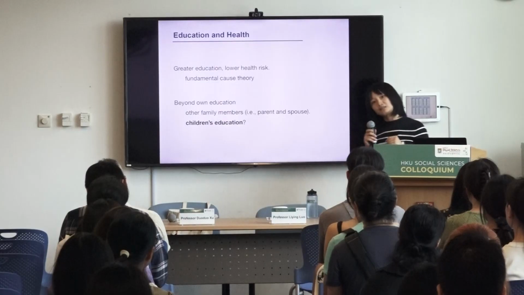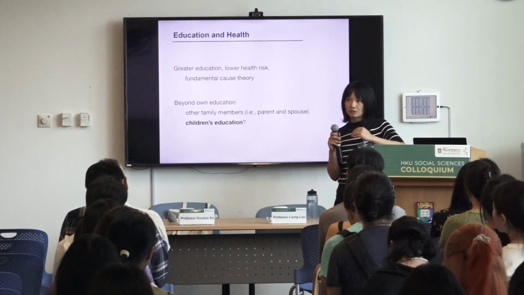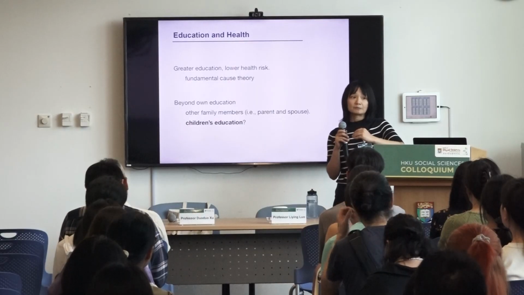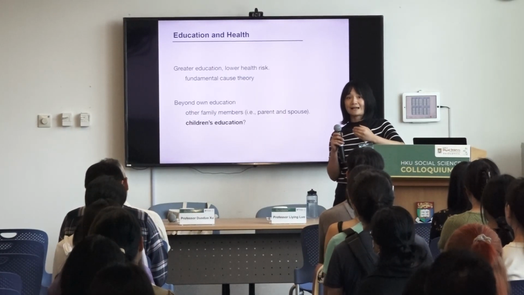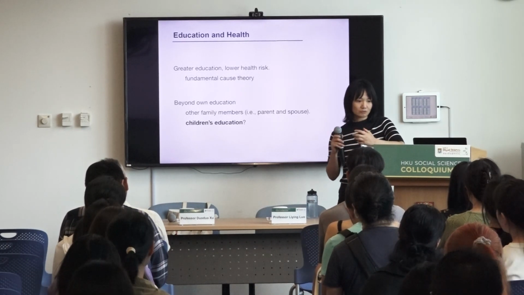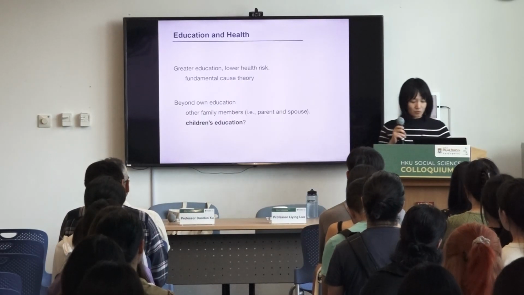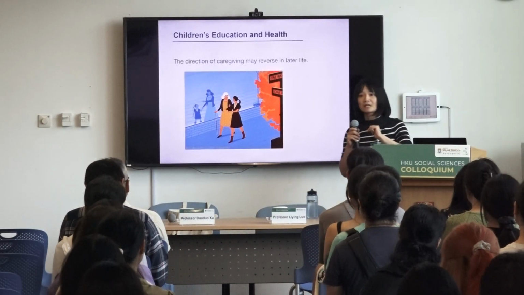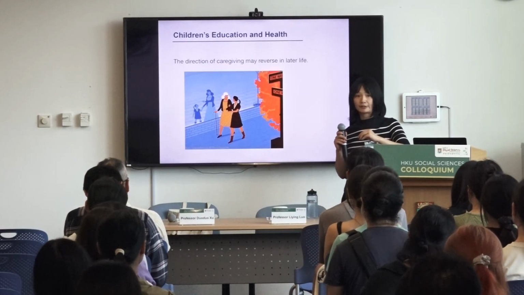Even less studied is the influence of children's education on parents. This is probably because children are generally considered the receiving end of caregiving, right? So we raise children, we spend a lot of money on them, they may or may not pay back. But we know that the direction of caregiving may reverse in later life.